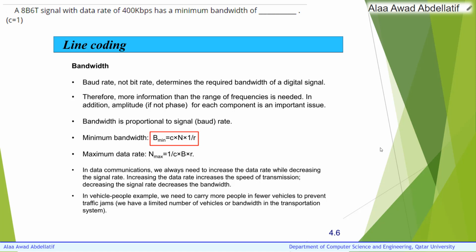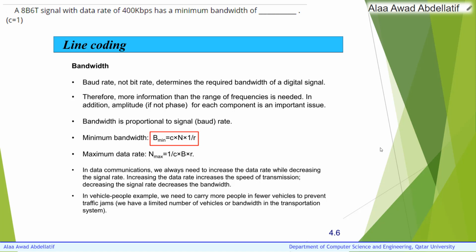Only the R. What's the R for 8B6T? Yes, from the definition, 8 bits in 6 signal levels. So R equals 8 over 6, and we have the data rate 400K.